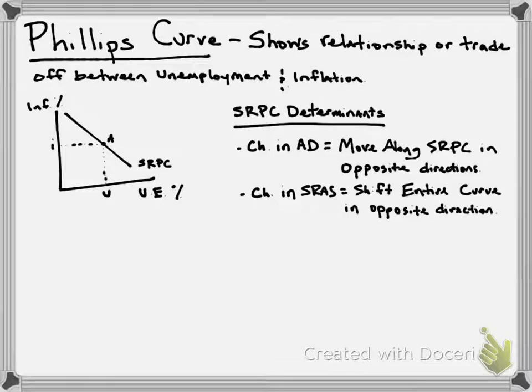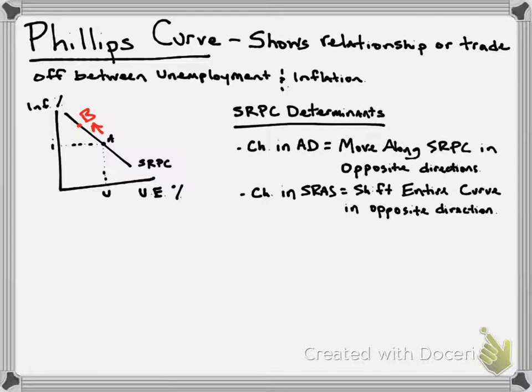Now going back to the graph, at point A on our Phillips curve, we have the actual inflation rate and the actual unemployment rate in that economy. Let's say that we moved to the left, to point B on our Phillips curve.